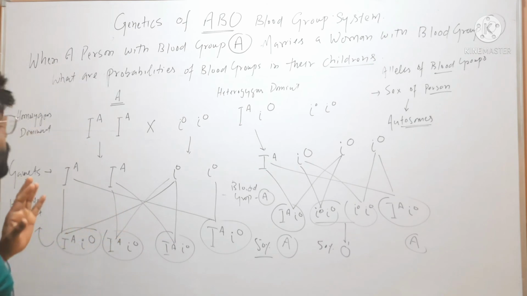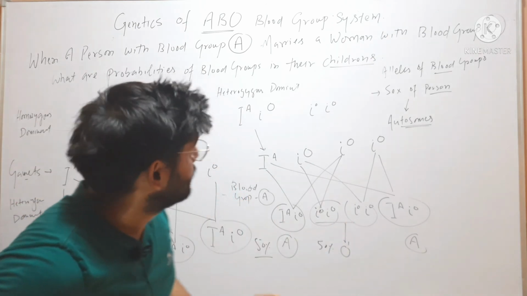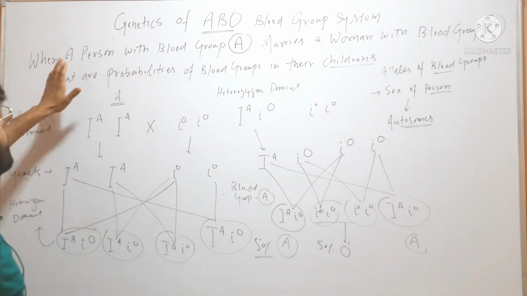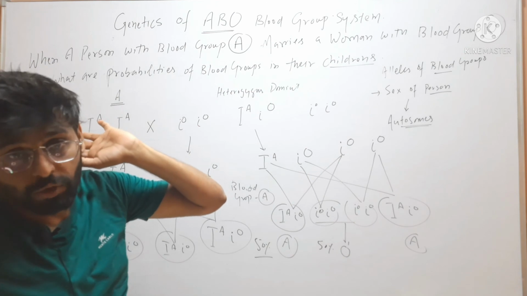So what are the probabilities of blood groups in children of a person with blood group A and a woman with blood group O?